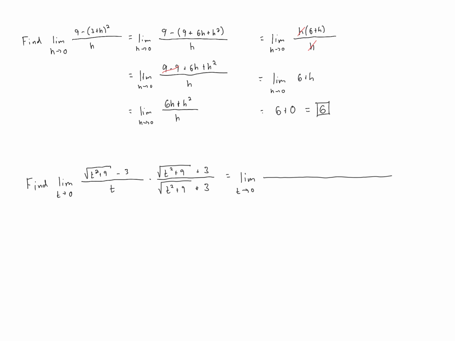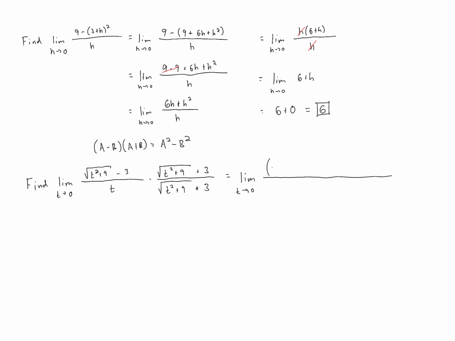In the numerator, we've got a difference times a sum. And remember, that's basically the difference of squares. If we have a difference, a minus b, times a sum, a plus b, that's equal to a squared minus b squared. So we can use that formula to multiply those out, and we end up with that first thing squared.